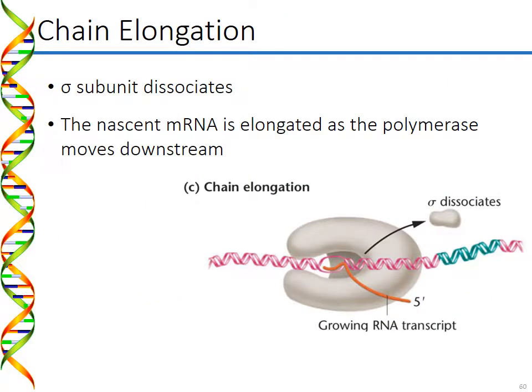The next step is chain elongation. During this stage, the sigma subunit dissociates. As you recall, the sigma subunit is directly responsible for recognizing the promoter.